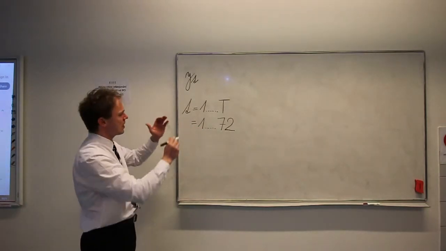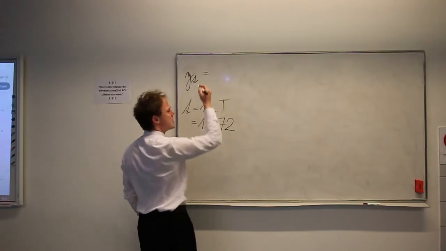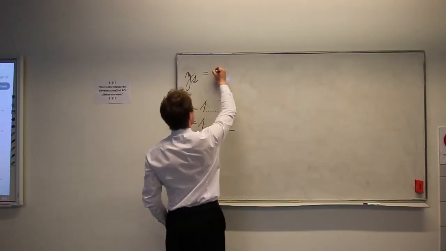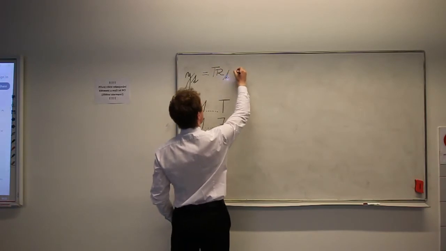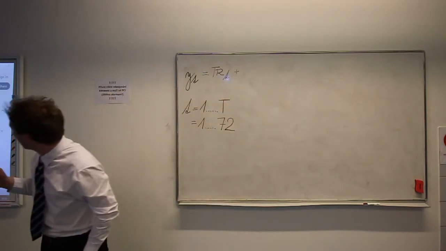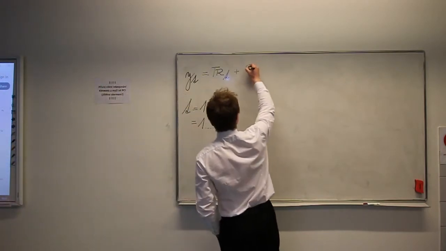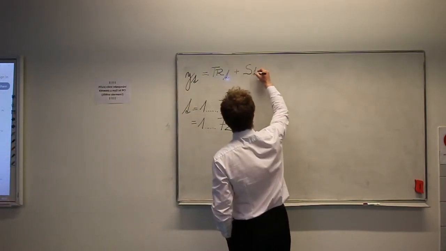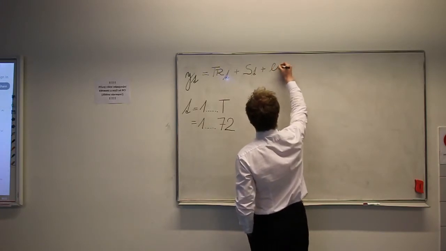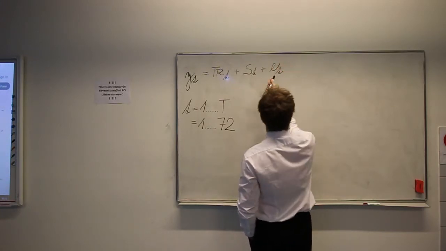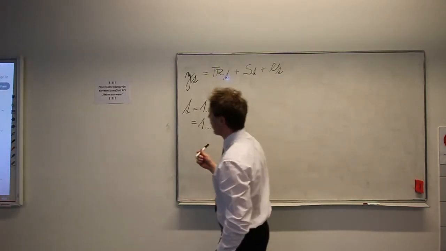This is the length of the time series. This time series can be decomposed to trend TR in time t, plus seasonality denoted S in time t, plus some error term E in time t, the error term of this model.